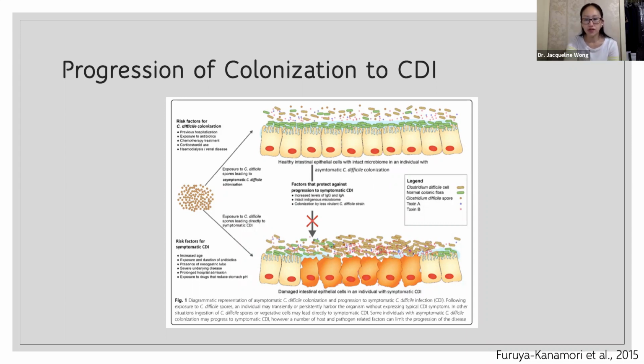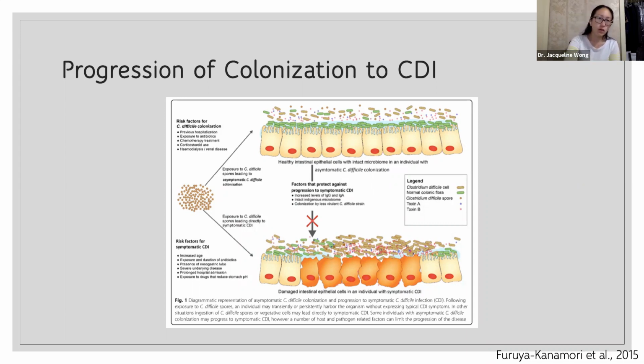Really, I think most authors feel that the gut microbiota plays a very important role, because a diverse microbiota can prevent C. difficile from growing and reproducing, because the other microbiota can produce direct resistance mechanisms. They can use nutrients that the C. difficile needs. And there's also host antibody mediated immune responses that probably mediate this process.